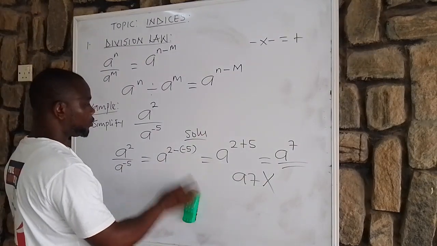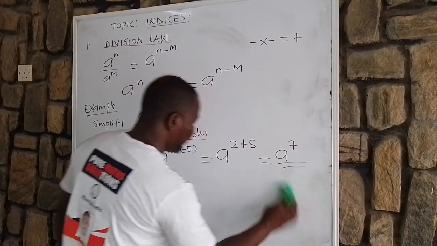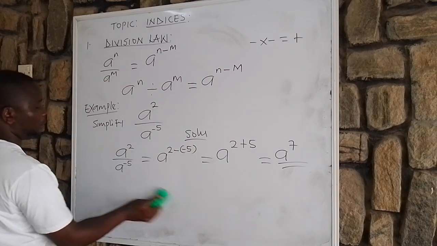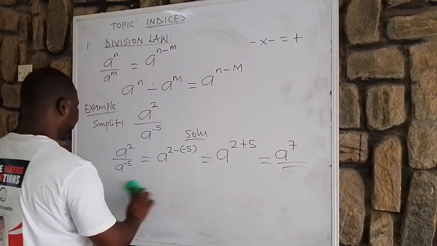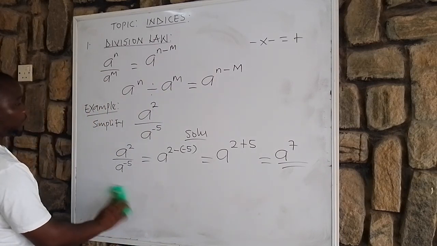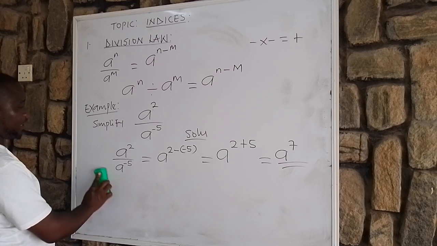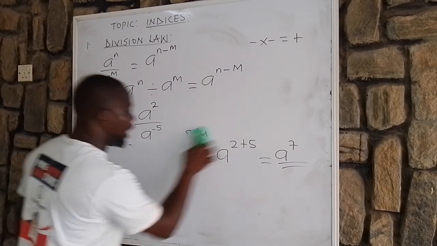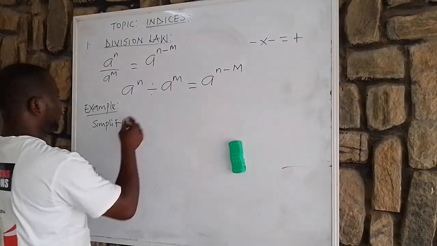Okay, so now we have done multiplication law, we have done division law. So, if you may ask, what if we have it in this form?